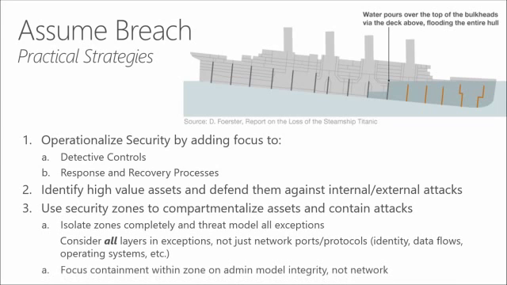And then we're going to talk about a little bit more in this section is using security zones to compartmentalize the assets and contain the attacks so that an adversary getting access to any given security zone will have a difficult time with getting into the other ones. And there's a couple key differences from the traditional approaches that we're going to be discussing here on how to approach this differently.